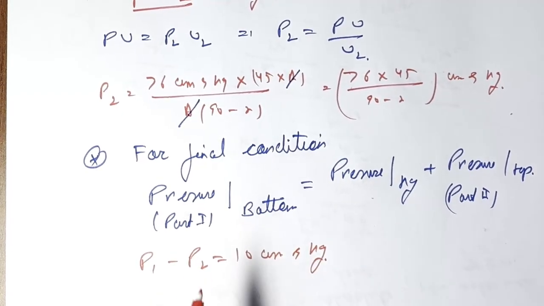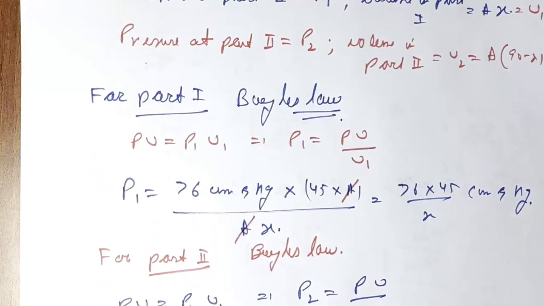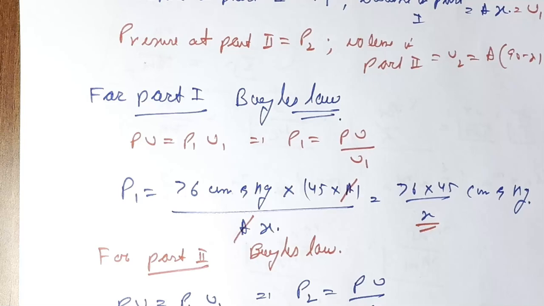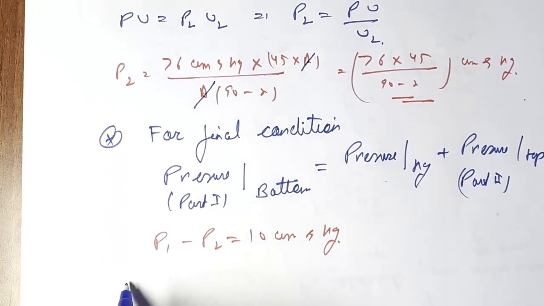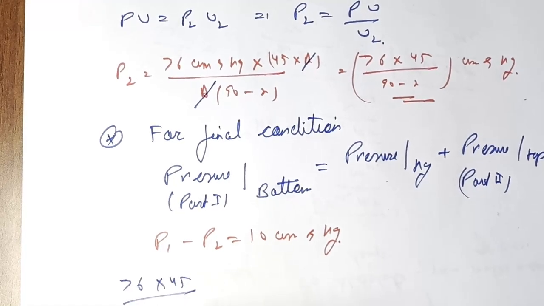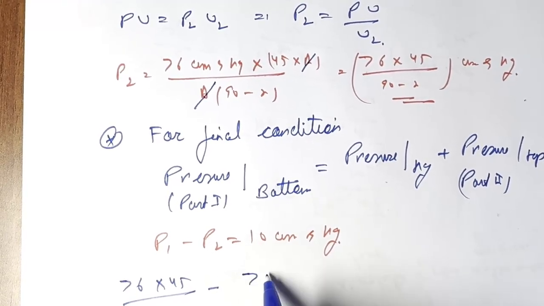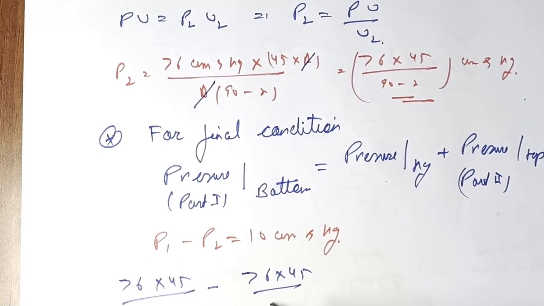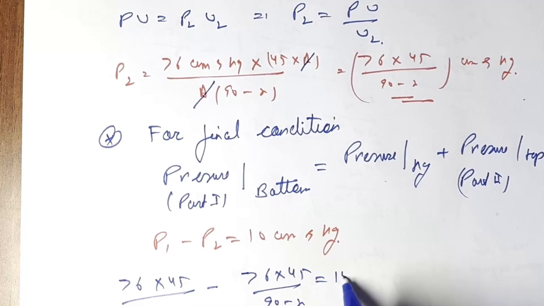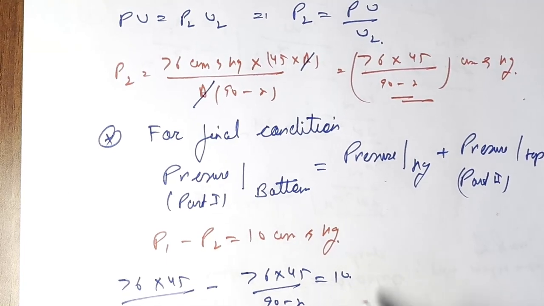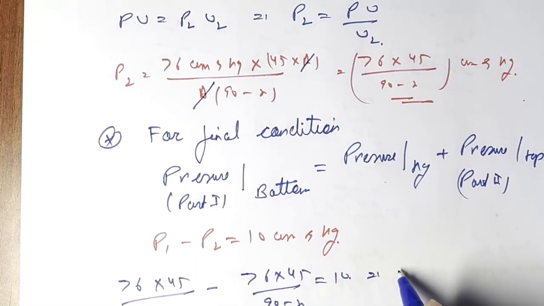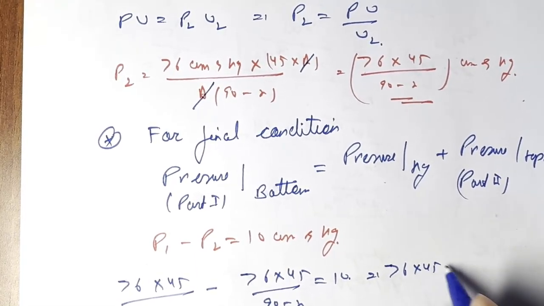We already know the formulas for P1 and P2, which we just calculated. So we substitute here. We get 76 multiplied by 45 divided by x minus 76 multiplied by 45 divided by 90 minus x is equal to 10. Now it's a simple calculation. We take 76 and 45 as common.